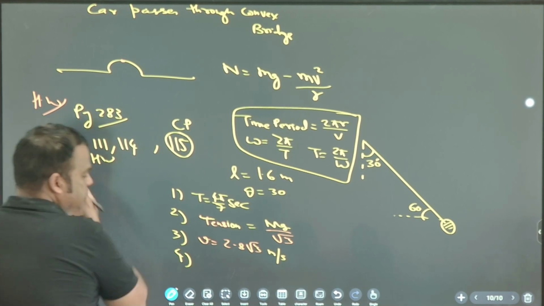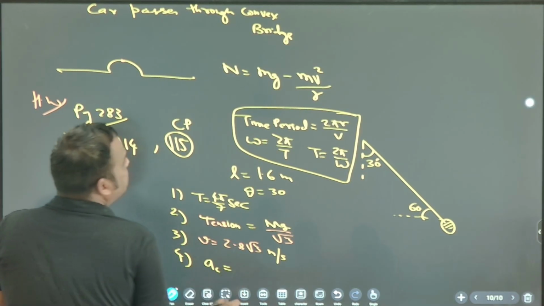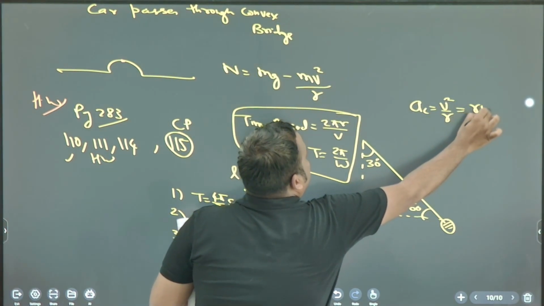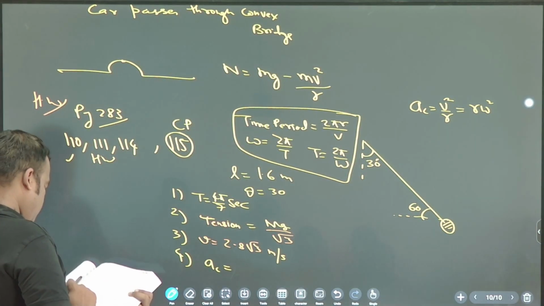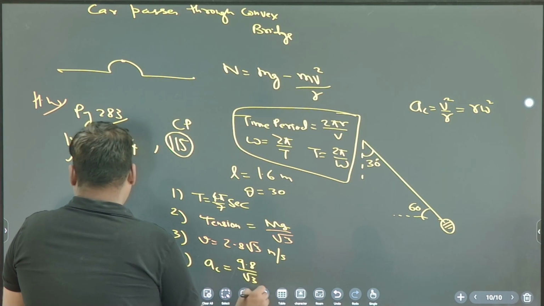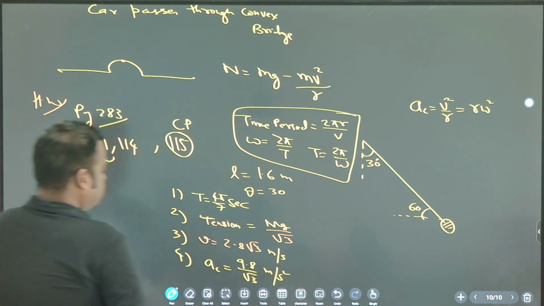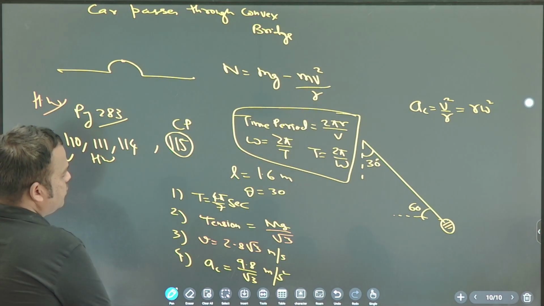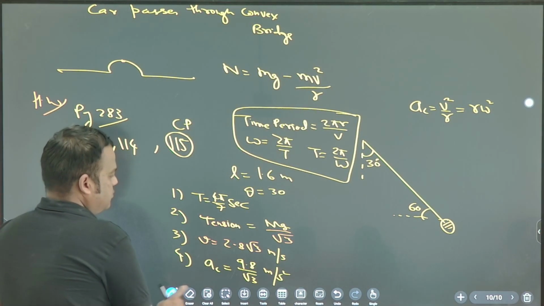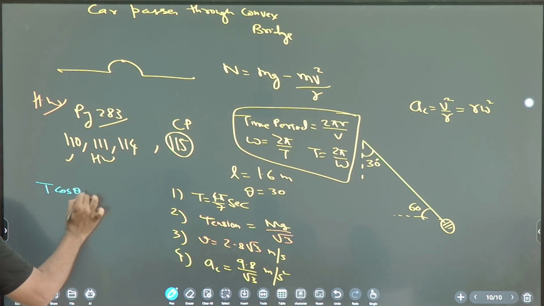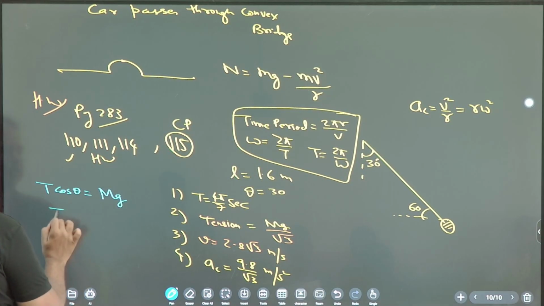Centripetal acceleration, what is the formula? V square by R or R omega square. So centripetal acceleration is 9.8 by root 3. Okay. So use the formula. What is T cos theta? Mg. Good. And what is T sin theta?